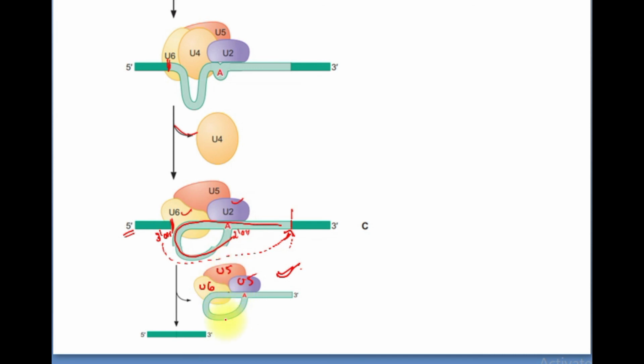Here we have the intron with a lariat-like structure, as well as the snRNPs. These snRNPs should be removed so that in the next splicing they can take part. The dissociation of these snRNPs is done by PRP22, which is known as a DEAD-box helicase.